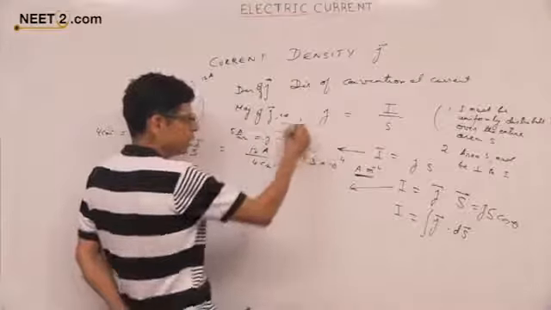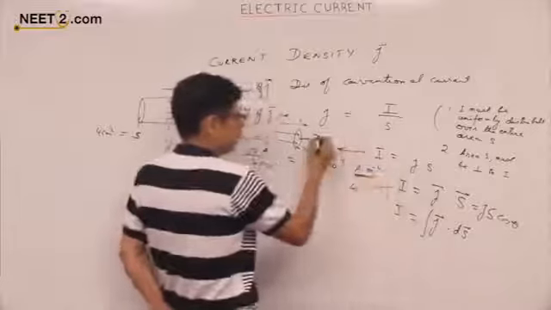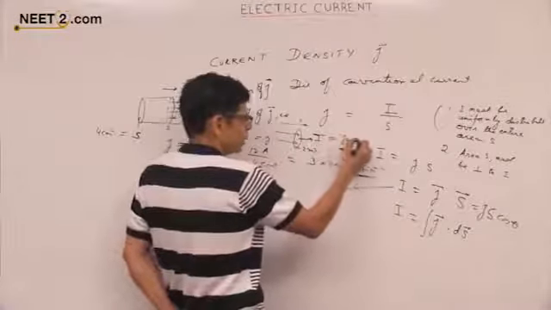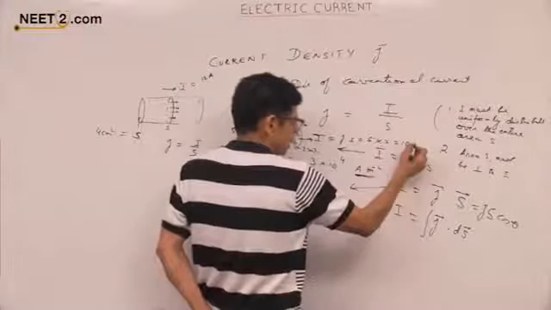So what is the current through the designated area? Current I is given by J into S, 5 into 2, so it is 10 amperes.